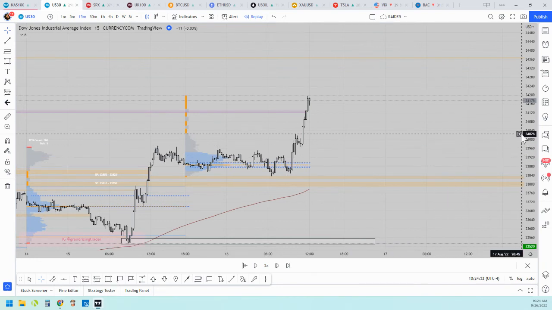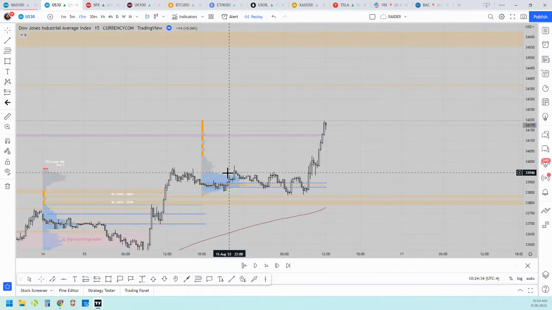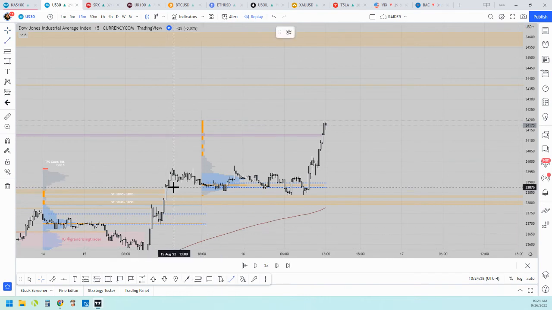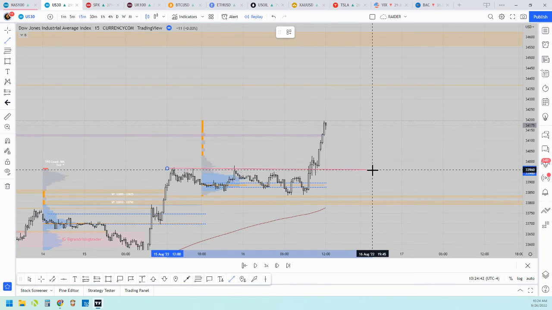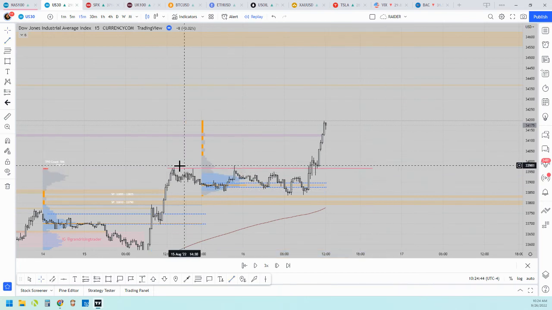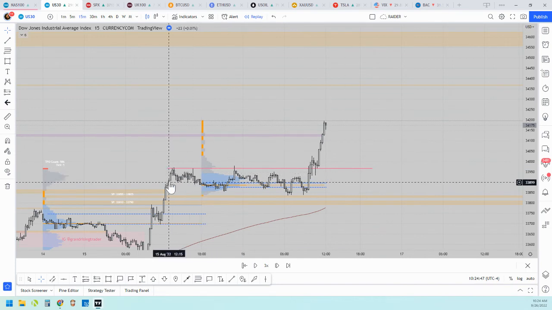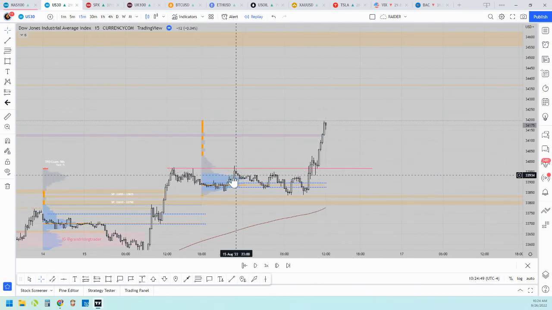But let's say that you're like, man, I don't get it. I don't know what's happening. You could have traded it like this. Waiting for this high to basically get pushed, and it did.